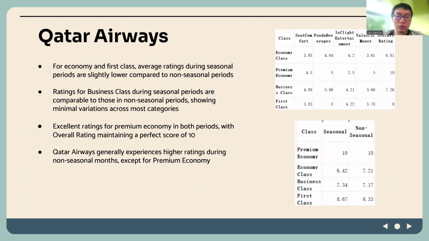Okay, so let's now take a closer look at the performance of the airlines. Qatar Airways demonstrates varying trends across classes regarding seasonal and non-seasonal periods. For economy and first class, average ratings are slightly lower during seasonal periods compared to non-seasonal months.